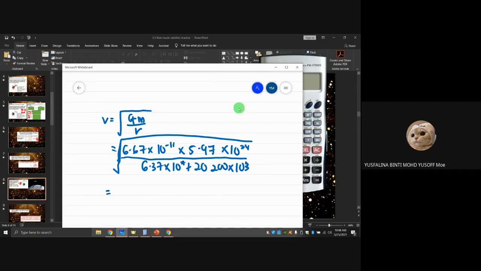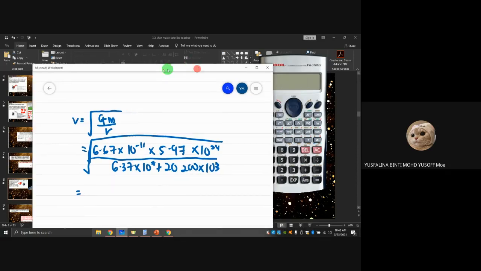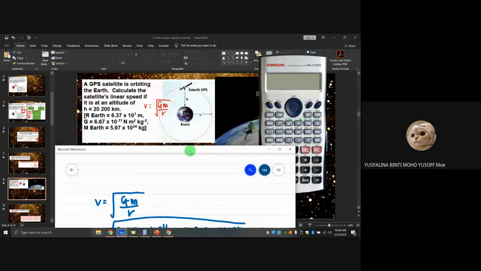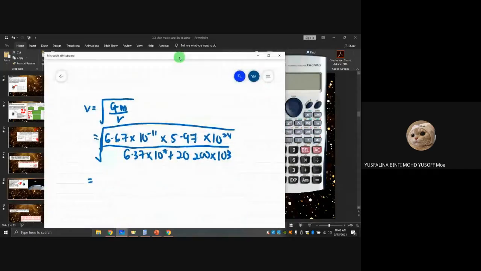It should be like this when you calculate. Either you can change the kilometer to meter, just multiply by 1000, or you can change the prefix, because kilo is 10 power of 3, right? So it should be like this.